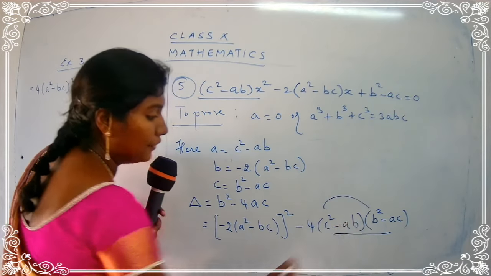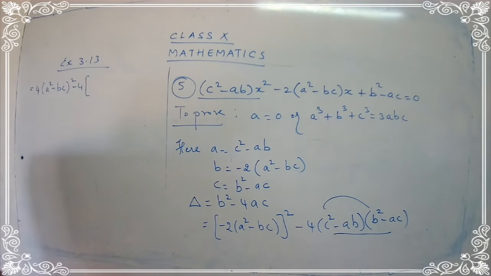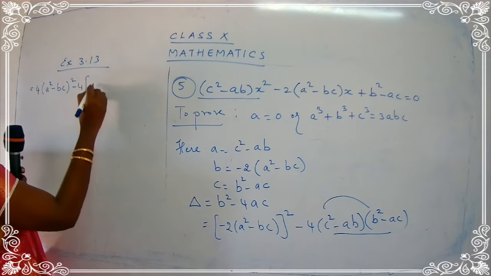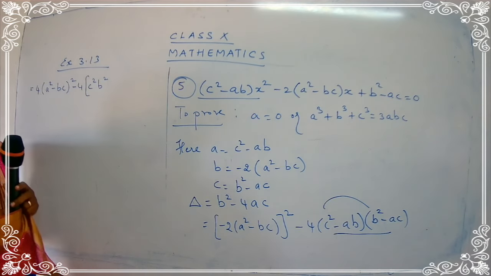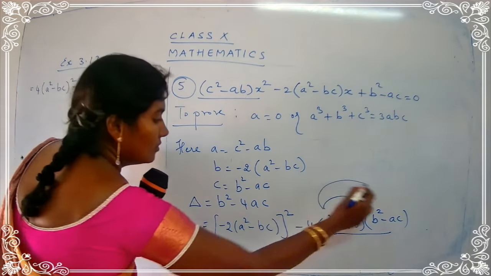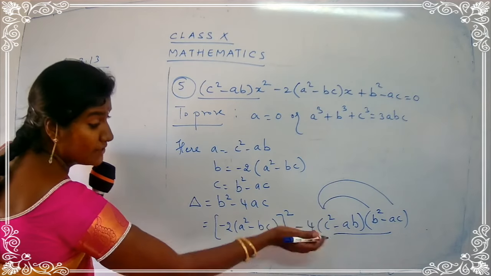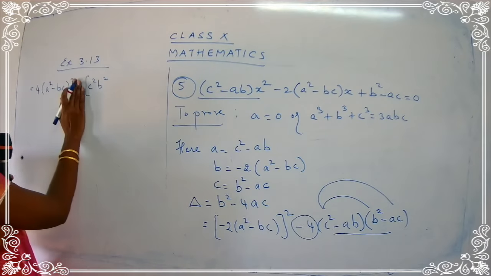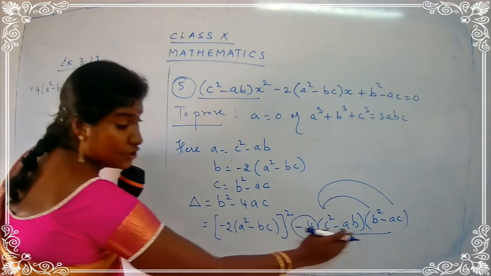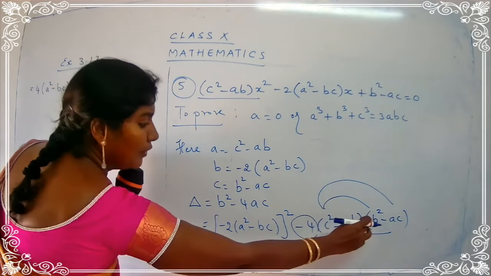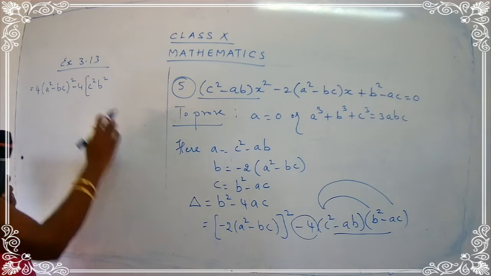So c square into b square is c square b square. Don't get confused, I have not taken minus 4. Minus 4 is as it is. I'm not touching minus 4. I'm just multiplying these two brackets. So c square into b square is c square b square.